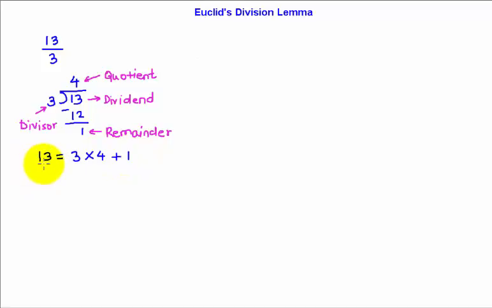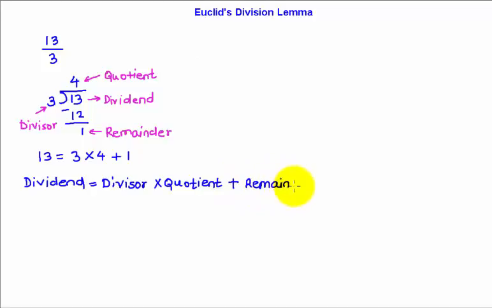So what is 13? 13 is our dividend. So this can be written in generalized form: dividend is equal to 3, 3 is the divisor, into 4, which is the quotient, and we need to add the remainder to the product.